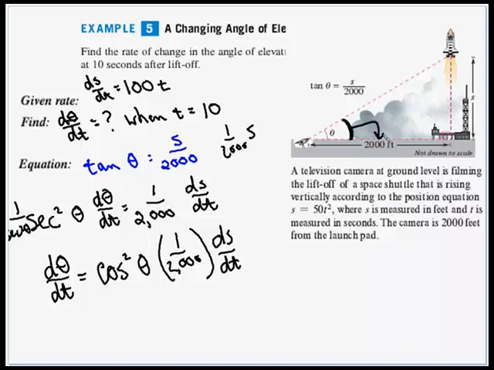We have this side as 2000, that's not changing. But we are going to need the hypotenuse. And what would this hypotenuse be? If we just do the Pythagorean theorem, s squared plus 2000 squared is equal to hypotenuse squared.